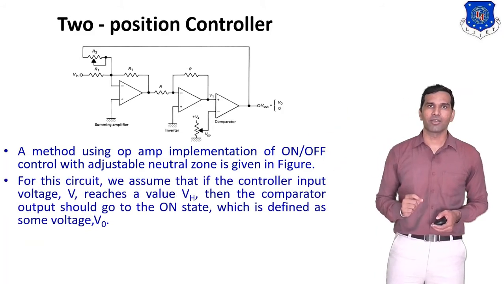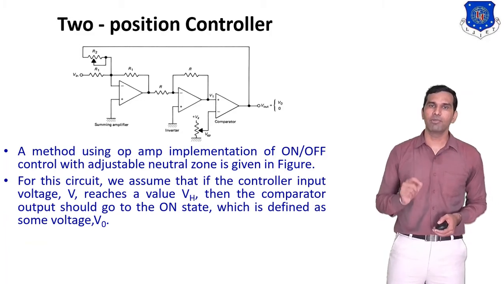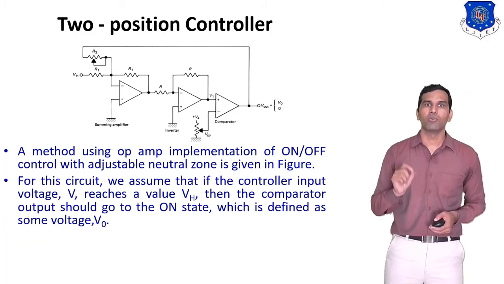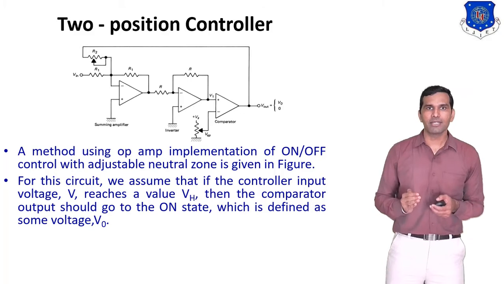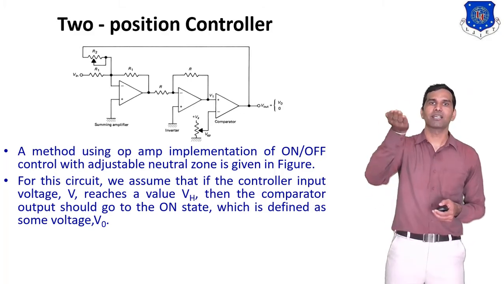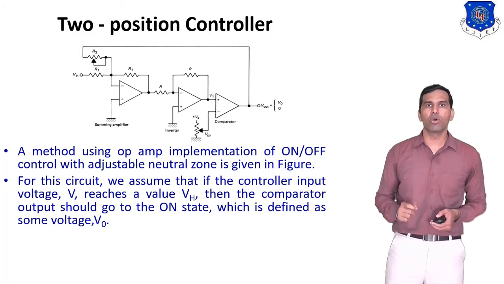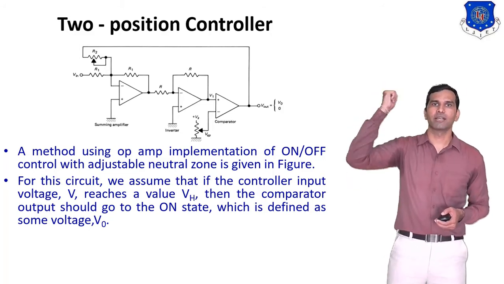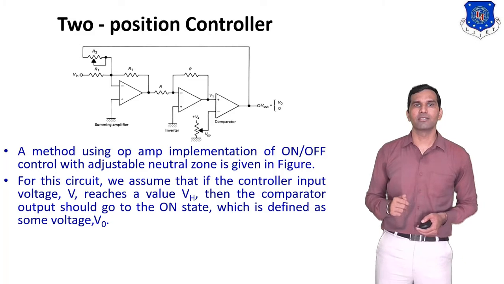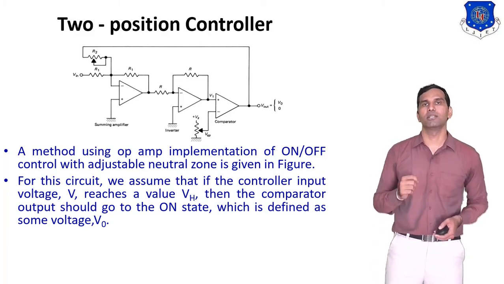For this circuit, we assume that if the controller input voltage V reaches a value VH, that is the higher value, then the comparator output should go to the on state, which is defined as some voltage V0.